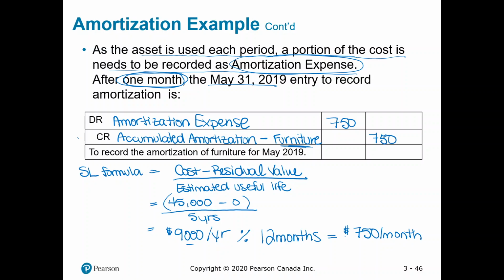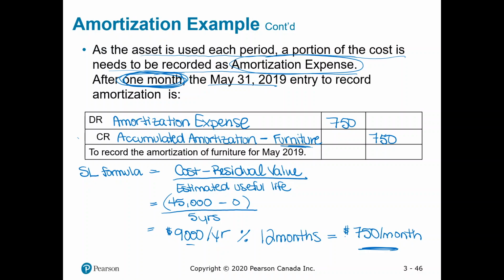Important to be careful as you're going through these examples and know what period of time you're recording this for. So here it was for a month, therefore we need to find the monthly amount. If a question said that they do the statements quarterly, you would record this amortization every quarter, so you would be calculating 3 months worth. So just be careful of that as you're doing the questions.